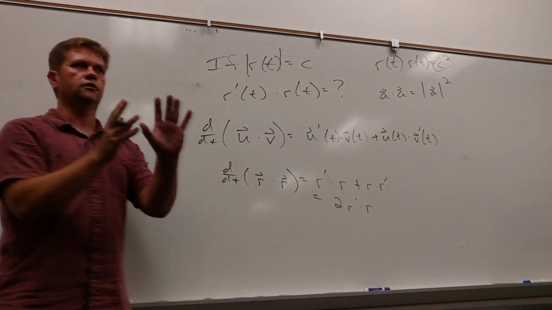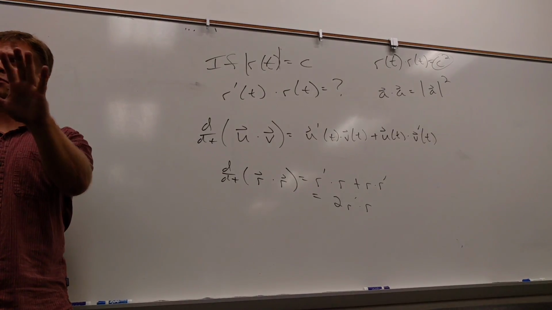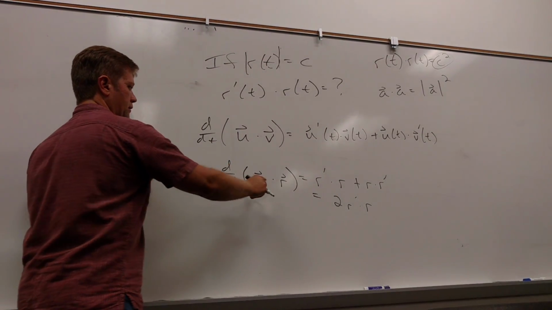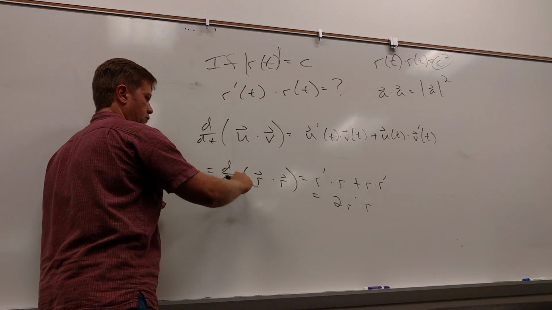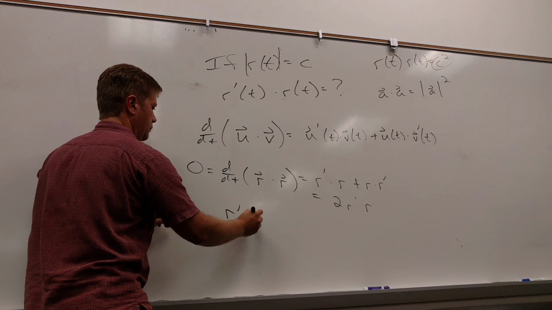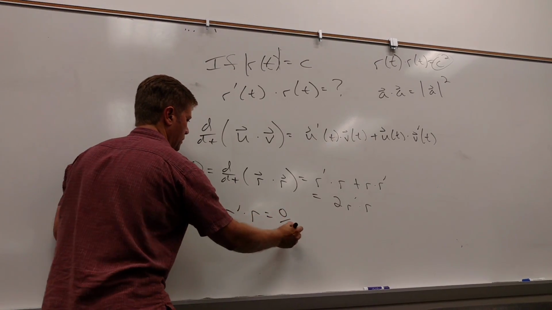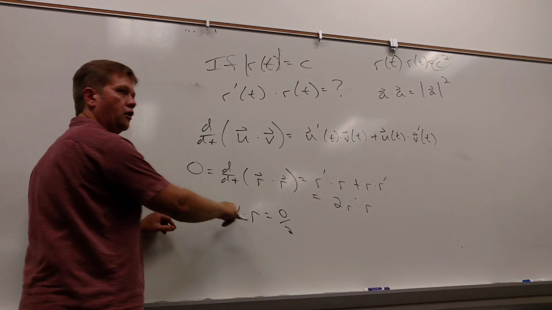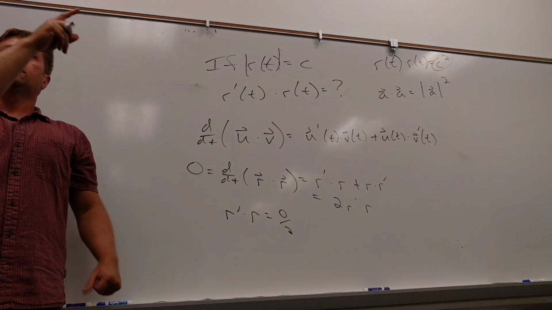All right, let me stop there for a second. There's a point to this. All right, guys, cool with going this way. This is a constant, so its derivative is 0, which must mean that r prime dot r is 0 divided by 2. So therefore, r prime and r are orthogonal.